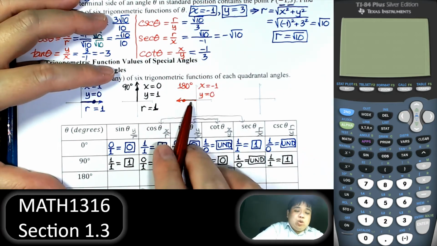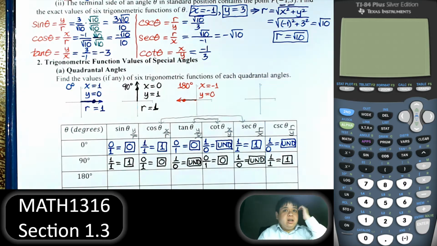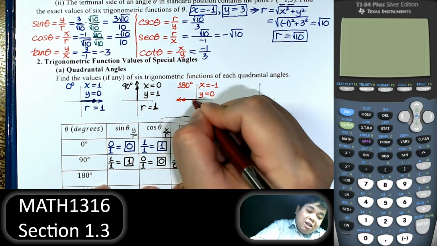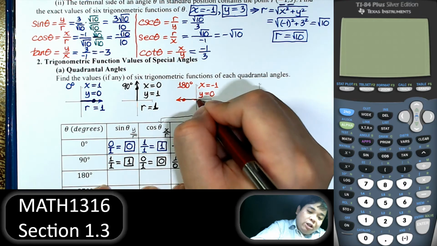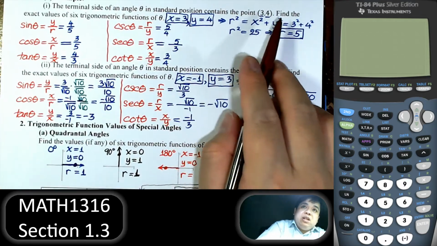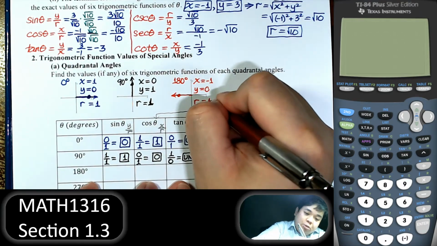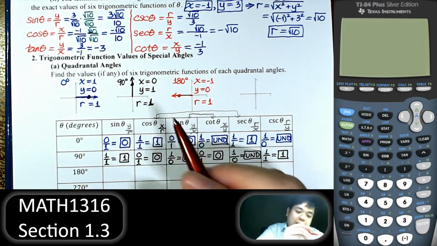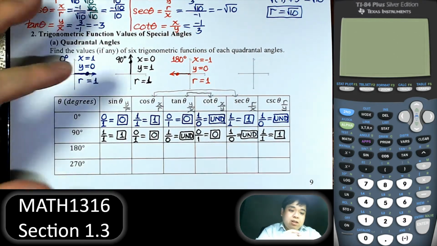Again, we can choose any point on this terminal side, like negative 5, 0 or negative 10, 0. It doesn't matter. In that case, r is the distance from that point to the origin, or we use the Pythagorean theorem. The distance is going to be 1, because from negative 1 to 0, the distance is 1. Right. And then fill in this table.